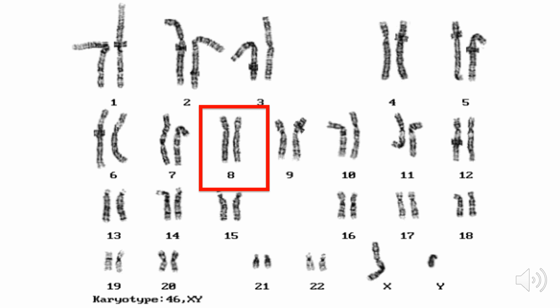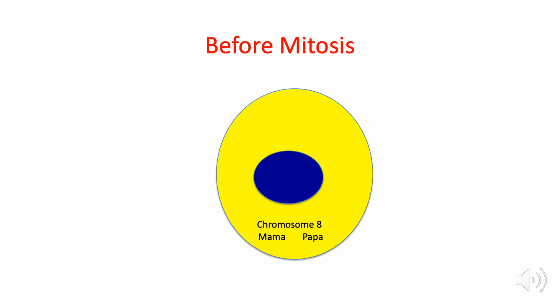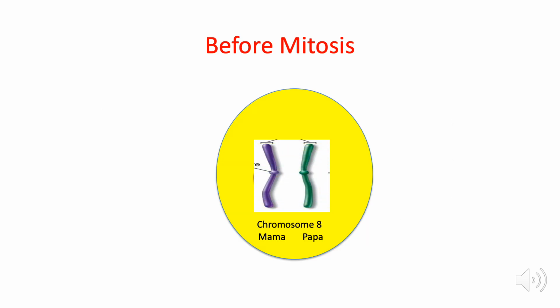At this point, we'll just get one of the pairs of chromosomes. So let's say, for example, let's get chromosome number 8. So this is chromosome number 8. You know very well that one was inherited from the mother, while the other one was inherited from the father. This is how chromosome number 8 will look like before the cell will undergo mitosis.